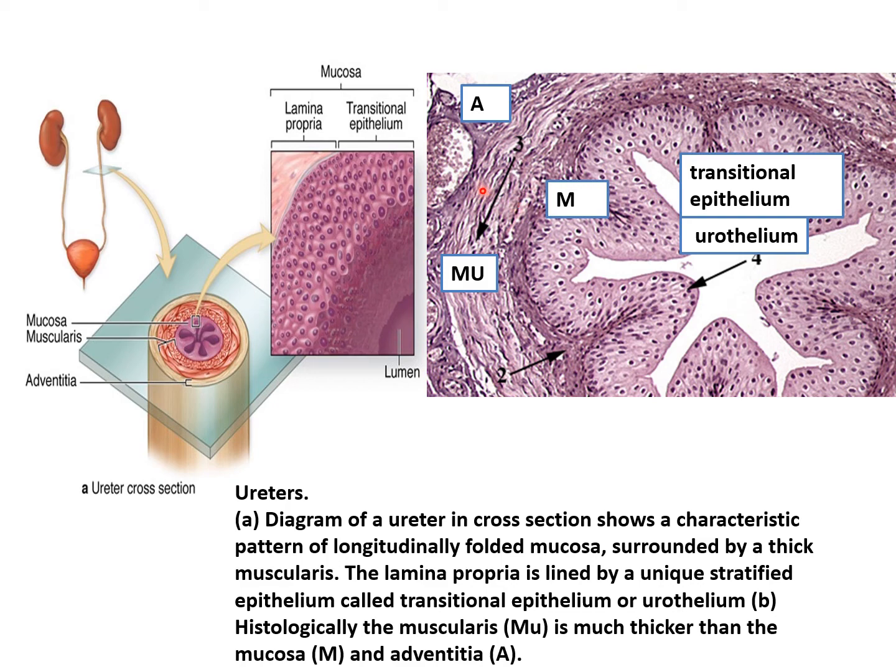The second layer, the muscularis layer, contains two types of muscles, inner longitudinal and outer circular. The third layer, which is called the serosa or adventitia, contains fibroelastic connective tissue, adipose tissue, nerves, and blood vessels.